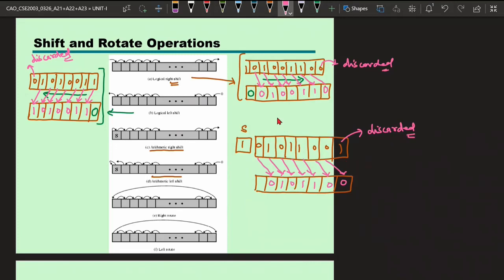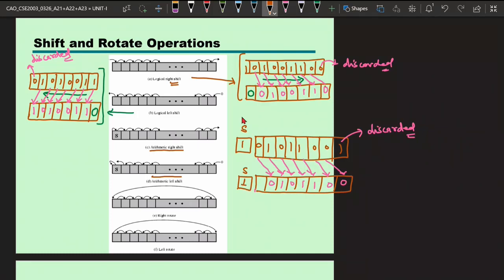But the only difference between these two is that instead of putting 0 here, we will be putting the sign bit content. So whatever the sign bit content is, we will be placing it here. The sign bit here and here will be the same.